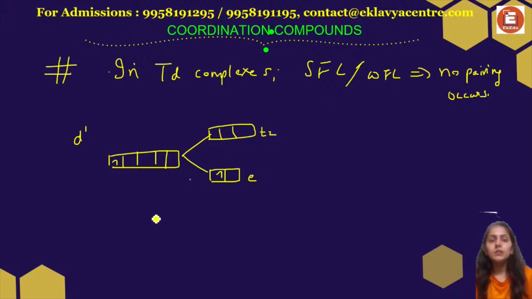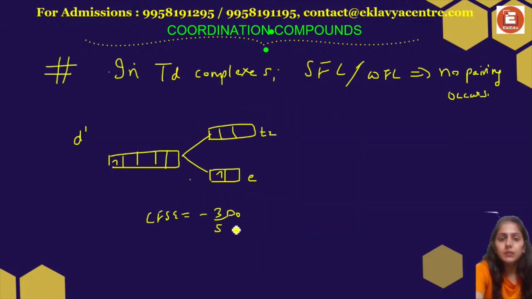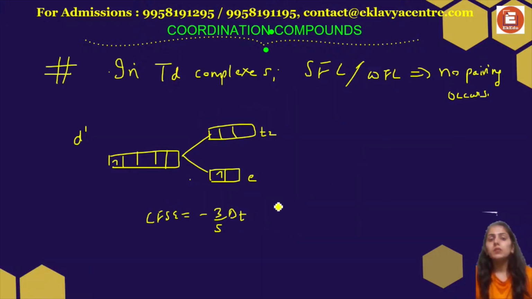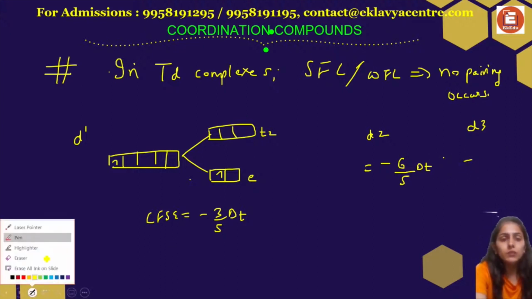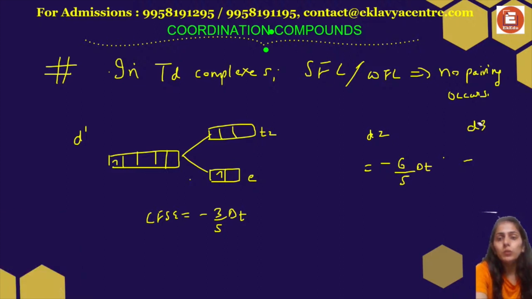For d1, CFSE will be minus 3 by 5 of del T. If I ask for d2, it will be minus 6 by 5 of del T, and for d3, the electron will go in the T2 orbital.